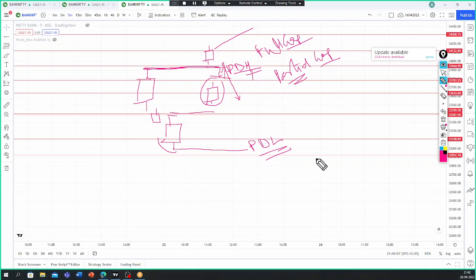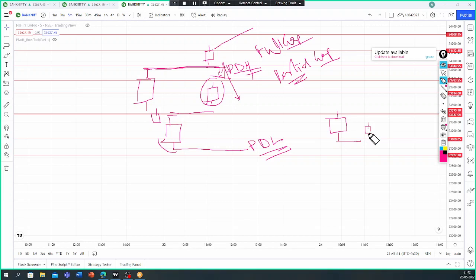Now in your PDL, what will happen? Suppose this is your day low candle and your opening is here next day, which means there is a gap here.